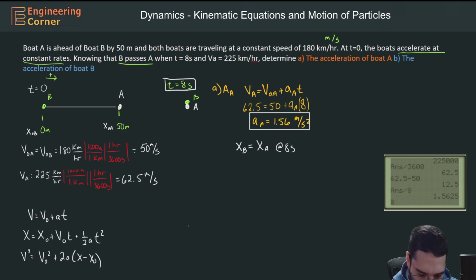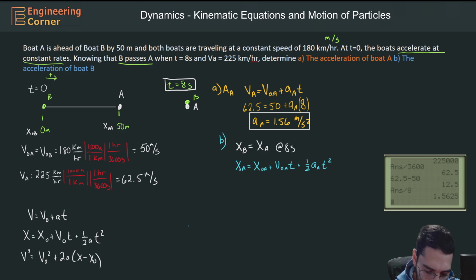So what can I do? Maybe the first thing I should do is figure out where boat A is. So I'll say x of A is equal to my initial x of A plus v naught of A times time plus 1/2 times the acceleration of A times time squared.